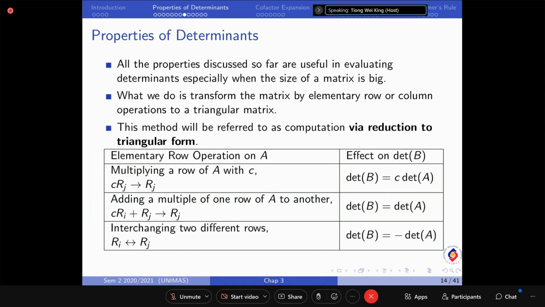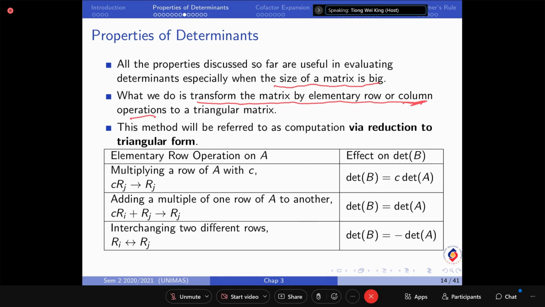So just a summary. All the properties discussed so far are useful in evaluating determinants, especially when the size of a matrix is big, especially 4 by 4, 5 by 5, 6 by 6, and so on. So what we need to do is transform the matrix by using elementary row operations or column operations.